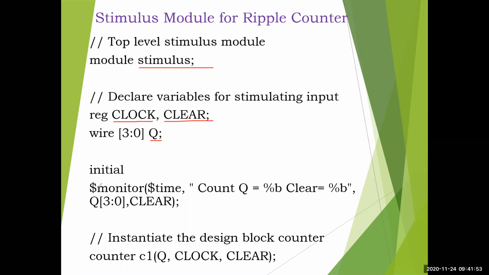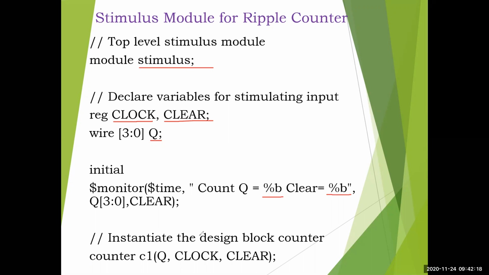The monitor statement is written first here. Anyhow, you can write this first too, instantiating the design. Initial $monitor, $time, count, q equal to the output we are noting, and we are passing the values of input clear. The clock is automatically generated, so it is not given.